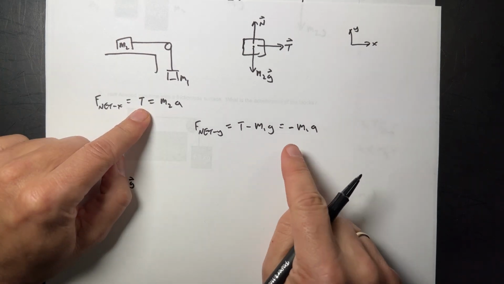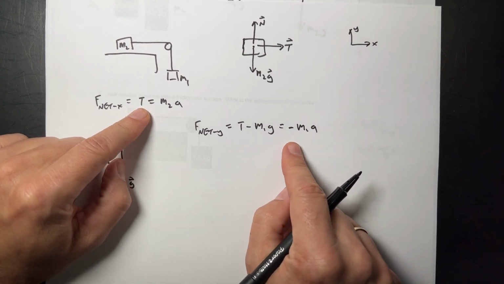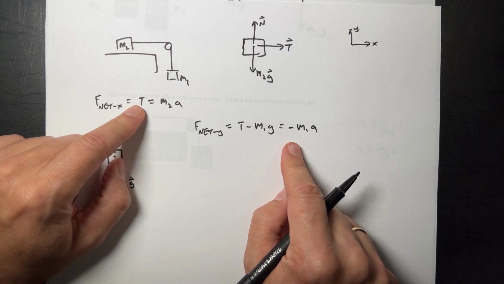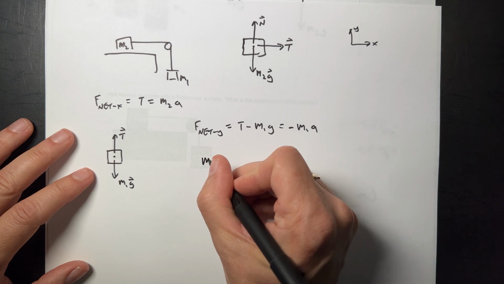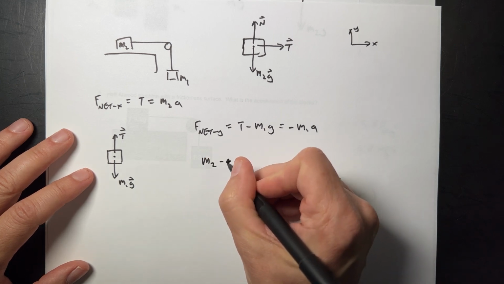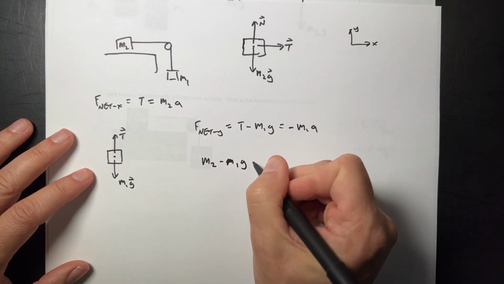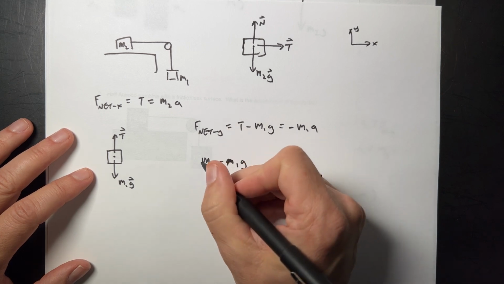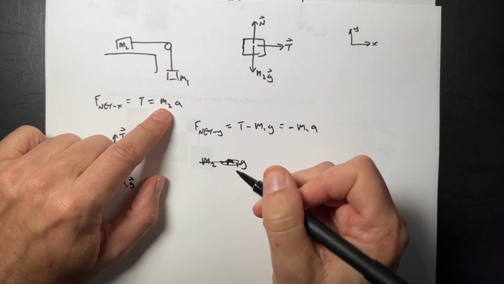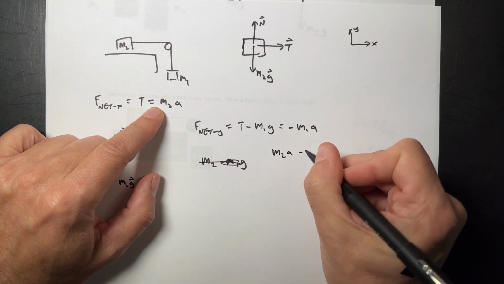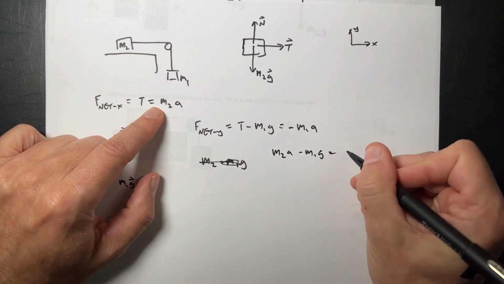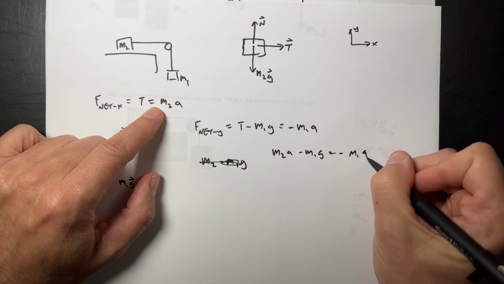But again, I have two equations, two unknowns, so I can solve. I already have this one solved for T, so I'll just plug it in down here. I get m2a minus m1g equals negative m1a.